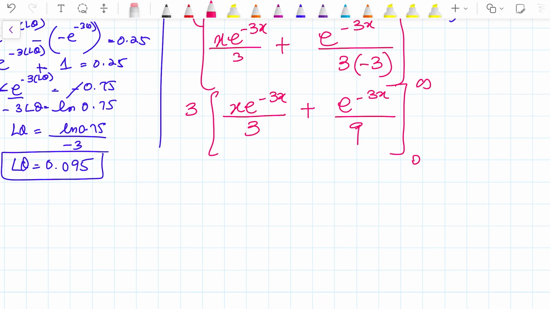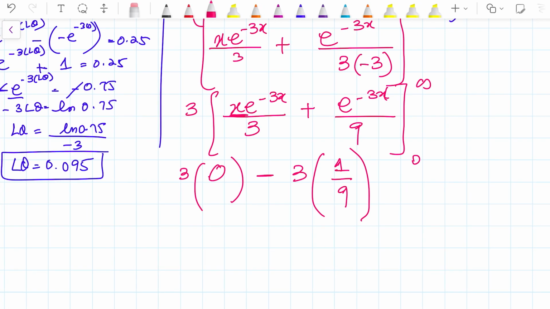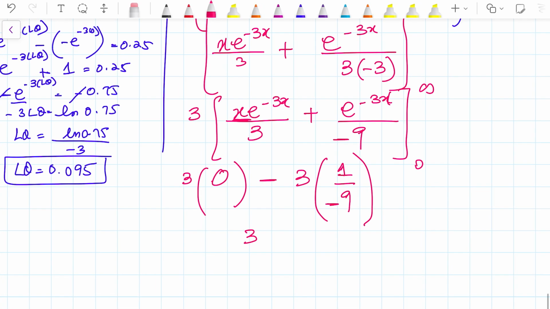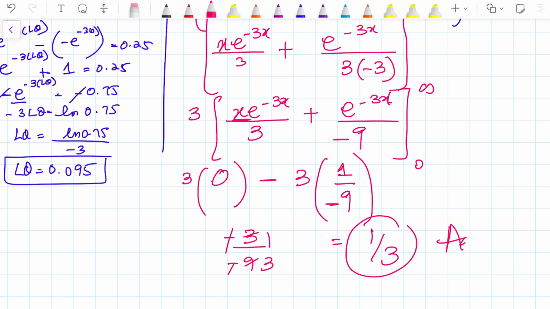Infinity means this entire thing becomes 0. Infinity upon 3 is 0. Minus, when we put the upper limit, this is 0, and when you put the lower limit 0 here, it becomes 1 upon 9. So 0 minus 3 upon 9 minus 9. So the mean becomes 1 upon 3.